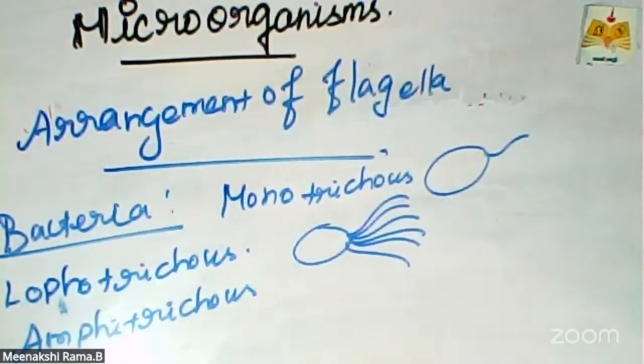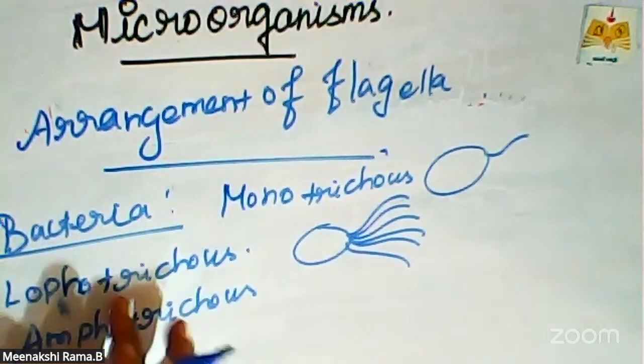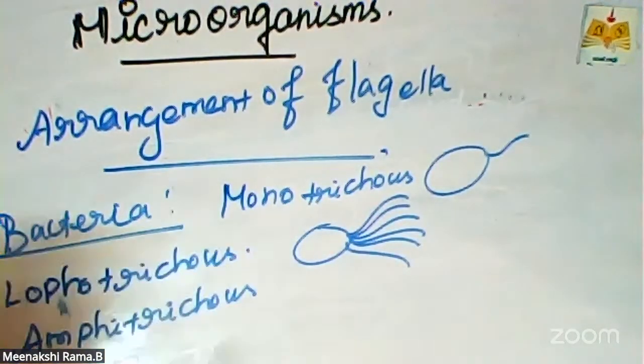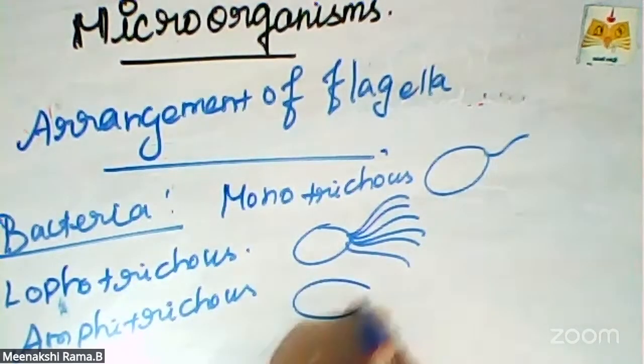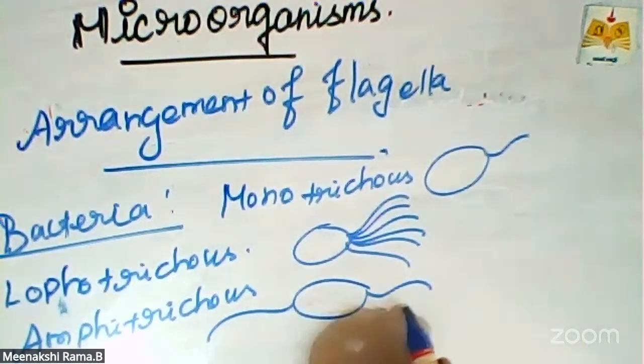A bunch of flagella present on one side means that kind of bacteria is called lophotrichous bacteria. And then amphitrichous bacteria means a tuft of flagella at both ends.